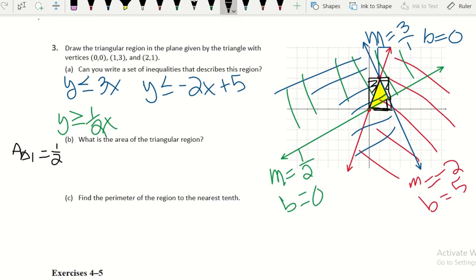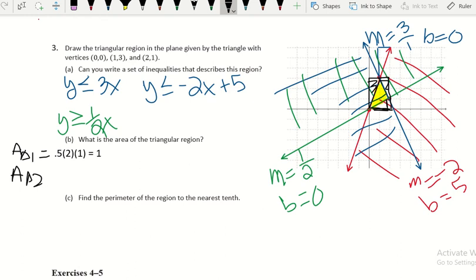It's 2 by 1. So it's 1/2 times 2 times 1, which is just 1. Okay, we have the other area of the triangle for triangle 2.